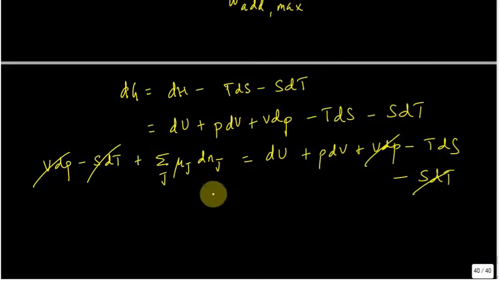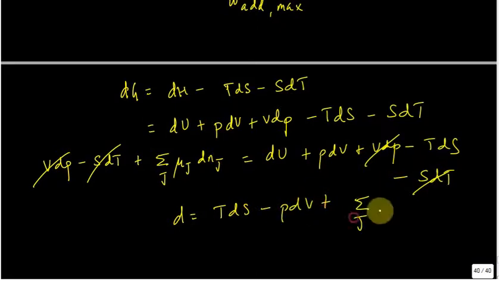All I am left with is dU is equal to TdS minus PdV plus sigma j mu j dnj.